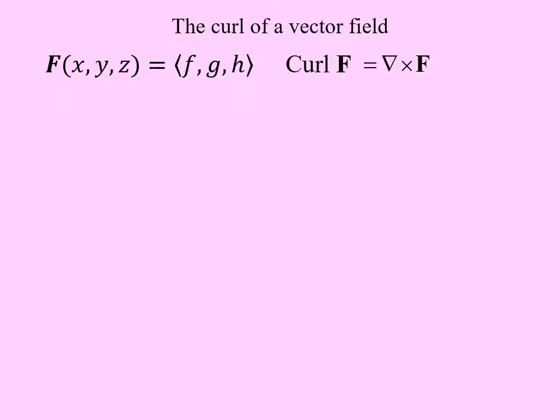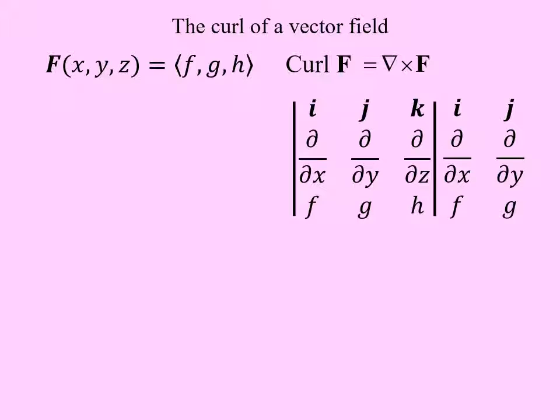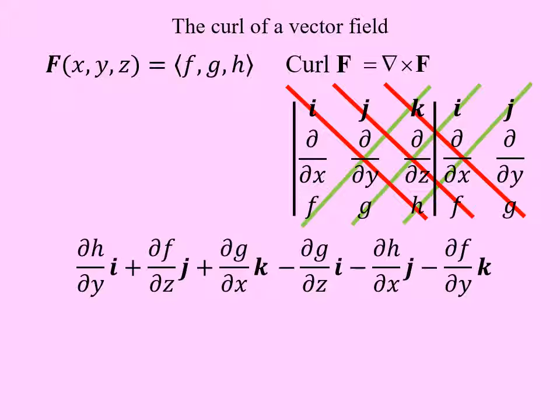Now here, if we do the cross product of del and f, here's my del, here's my f, here's the i, j's, and k's that we use. So we're going to do the cross product. Now when we do the cross product, we'll go this direction, this direction. Let me remind you that here on the i, we were taking this and this.